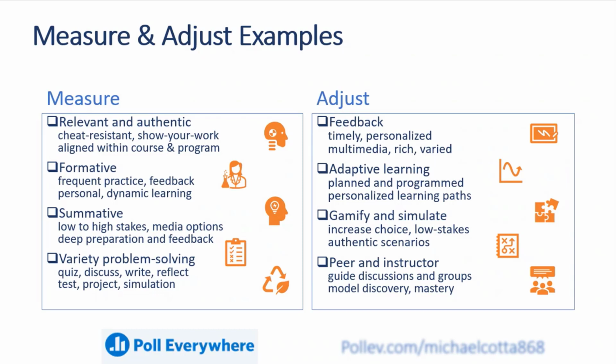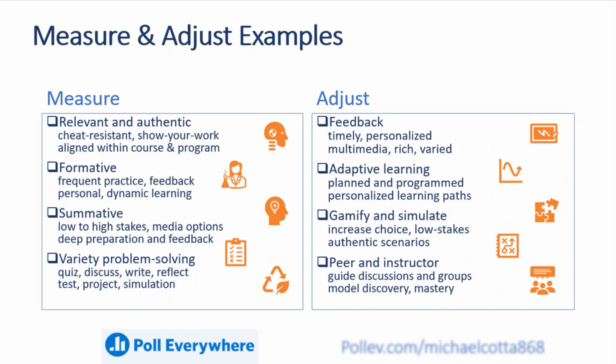Some of the things that come to mind, making sure they're relevant and authentic. Of course, cheat resistant, we could go down that side trail, but probably not today. Formative, so do we give plenty of practice to our students and give them really good feedback?